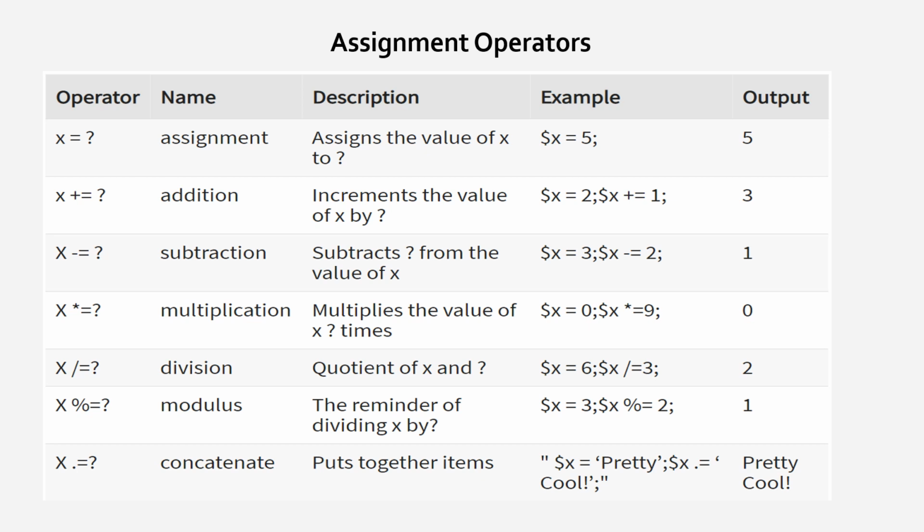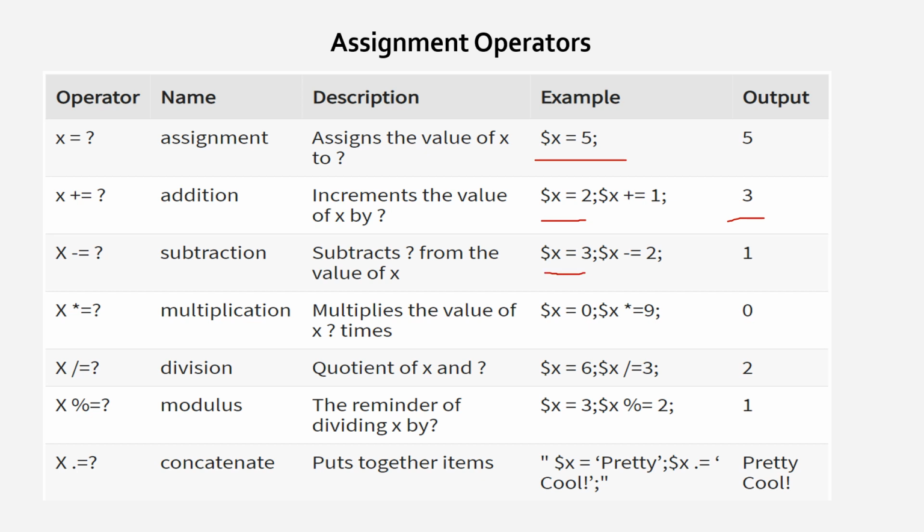Assignment operator. For example, simply we want to assign a variable x is equal to 5 or 10, like that. If you print $x, you will get the output 5. Similarly for the increment operator, if the initial value is 2 and you increment by 1, we will get output 3.